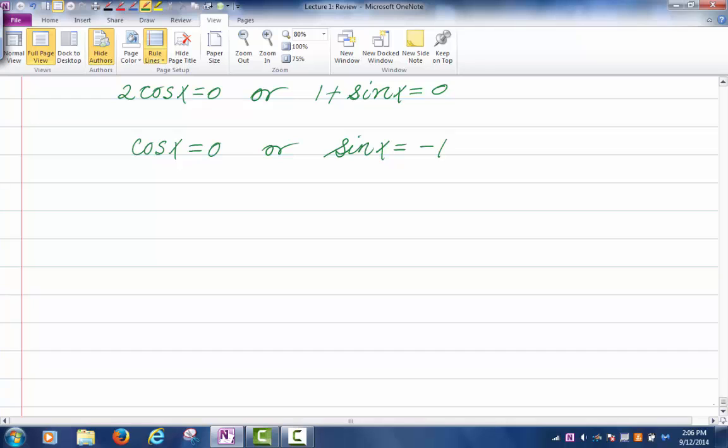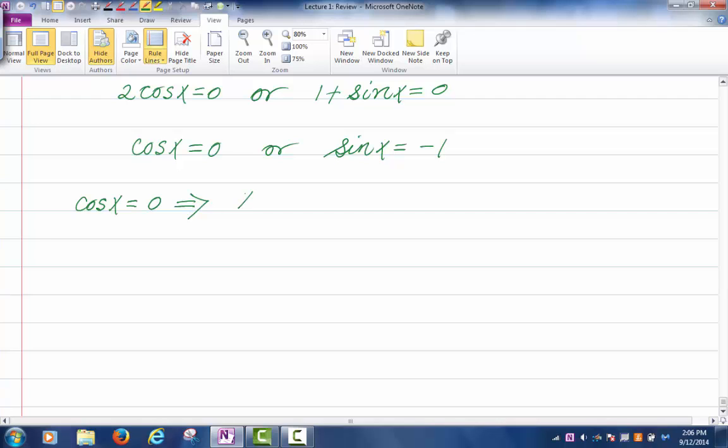Well, first of all, let's look at cosine x equals 0. Can you give me an angle? Give me all the angles between 0 and 2 pi where cosine x is 0. Yes, very good.